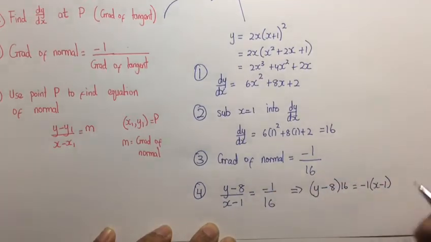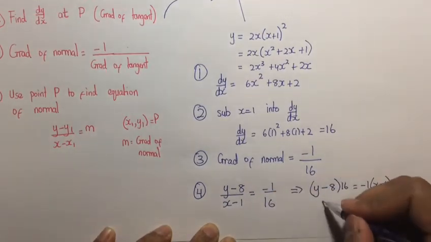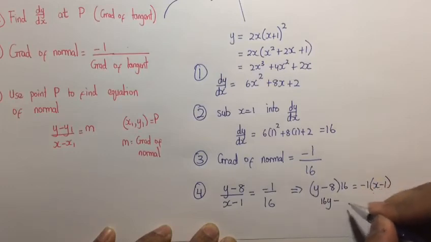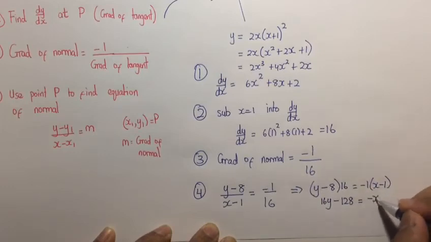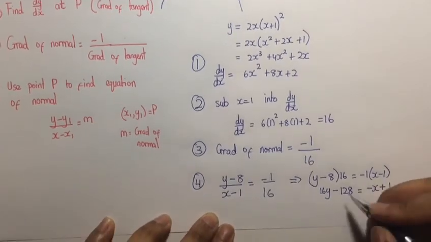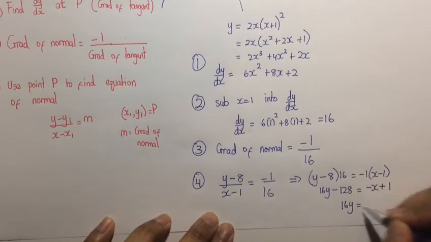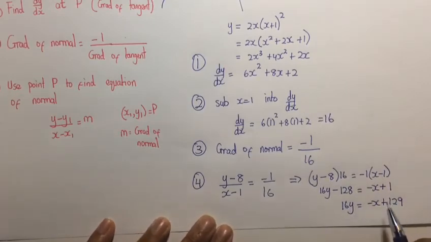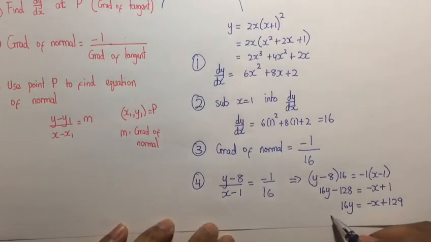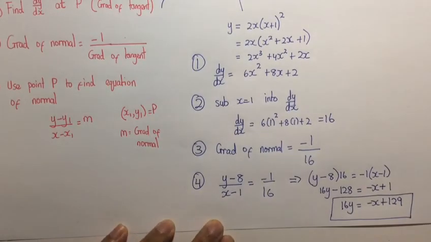We simply cross multiply here, and we find that 16y − 128 is equal to −x + 1. Minus 1 by −1 is plus 1. So that leaves us with 16y is equal to −x + 129. And this gives us the equation of the normal through P.